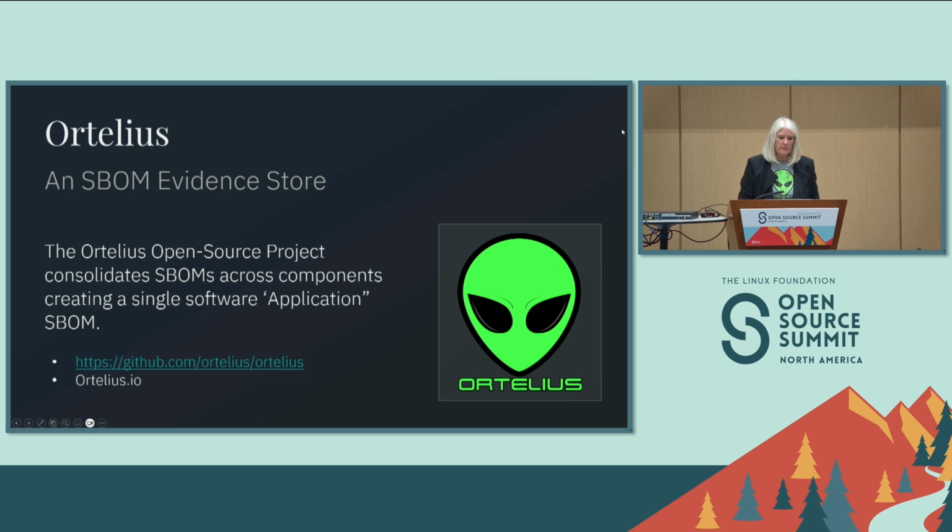Okay. So we'll talk about Ortelius now. Ortelius could potentially use bomb control. Right now we don't. But it's an evidence store. Ortelius sits on top of your CI/CD pipeline, and it consumes SBOMs for everything that's being built in the CI/CD workflow. So every time a single container is executed, and we call that a microservice, we refer to it as a component, it's going to go gather the SBOM for that component, and it's going to version it.